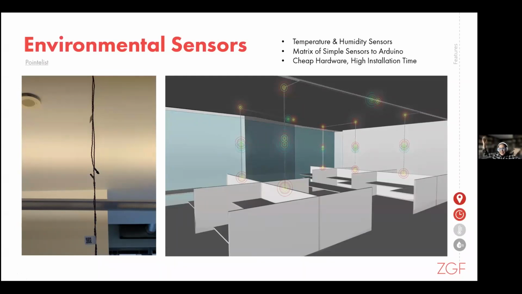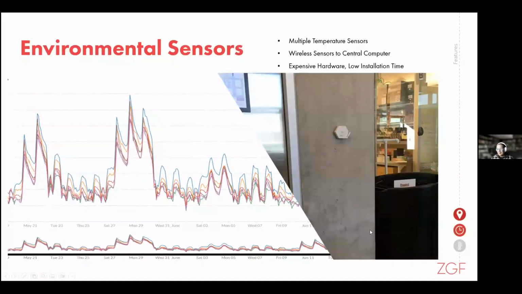Understanding where the heat bubbles are within your space, so that maybe people in a certain area are complaining about high temperatures, you can help narrow it down to where specifically we're talking about. This one takes a while to install, but it's cheap hardware, and it could give you feedback on how the temperature and the humidity change throughout the height of your space.